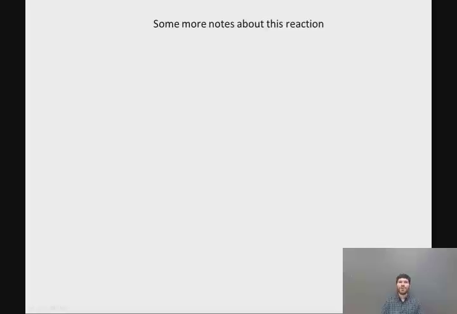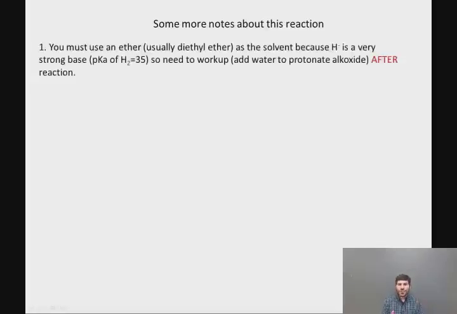Okay, so a few more notes about this reaction that I want to come back to and state a little bit more clearly. So first of all, since you cannot use an alcohol as your solvent for the first part of this reaction, you must use an ether as your solvent. The one that's normally used is diethyl ether, although you can also use tetrahydrofuran, which is the 5-membered ring cyclic ether.